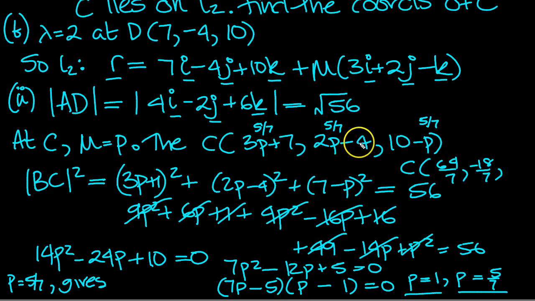And then the last one is 10 minus 5/7, which is 65/7. So there are the coordinates of C at long last. Apologies for the room, I ran out of room on this sheet, so I put the value up here for the p equals 5/7.